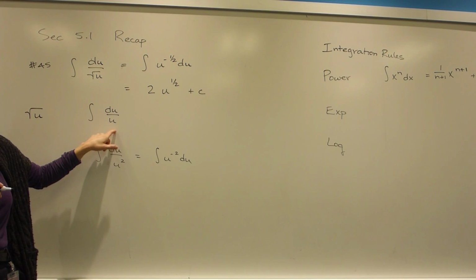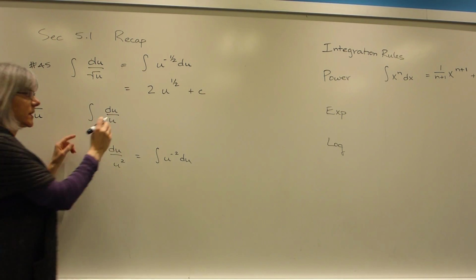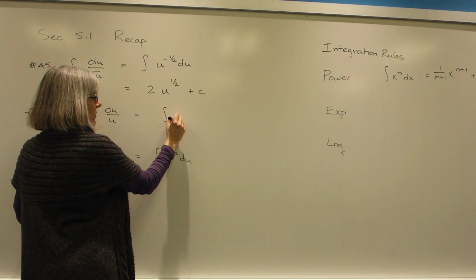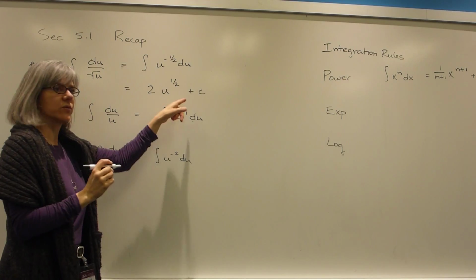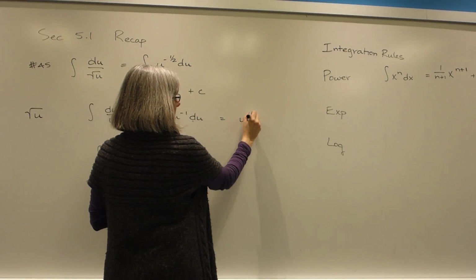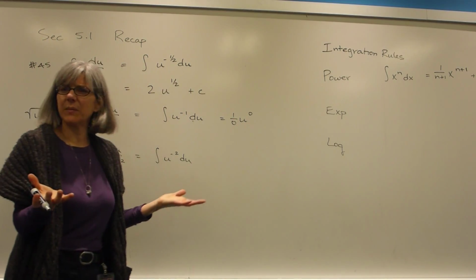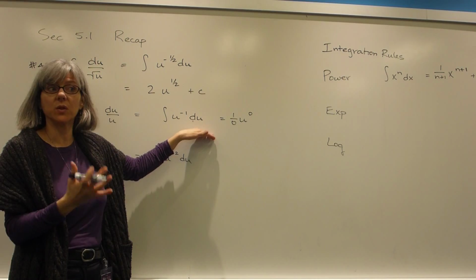What about this one? They go back to being a log. Here's the problem. If I try to rewrite this as a power rule, and then raise the exponent by 1 and divide by, does that make any sense at all? No. If you try this route, you will get an answer that makes no sense whatsoever.